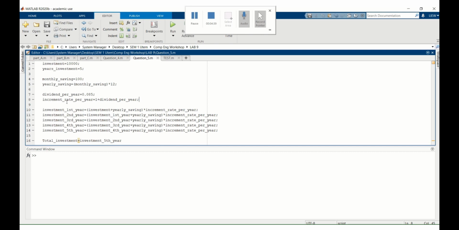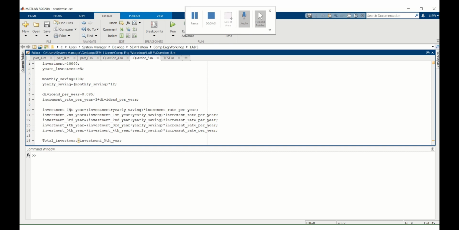So I do an increment rate per year. That means this is 1 plus the dividend per year, that means 1 plus 8.5%. This one indicates the original or the base money from the initial investment.